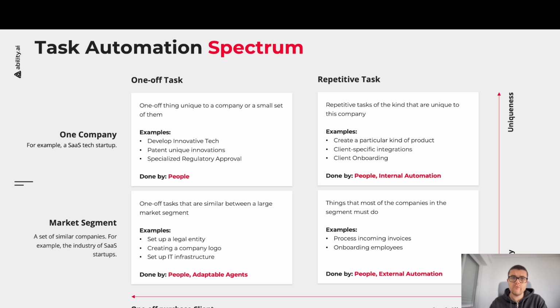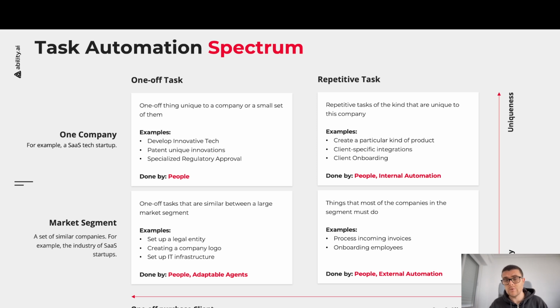For them, the value that can be brought by a subscription specifically is higher than the effort and cost of a solution for this, which is often not the case for one-off tasks, whether unique or unique to market segment, because this stuff needs to be done once. So this is what people are doing. This is where the creativity lives, and this is where people usually are not ready to purchase a SaaS subscription because they know that it's very hard to justify.